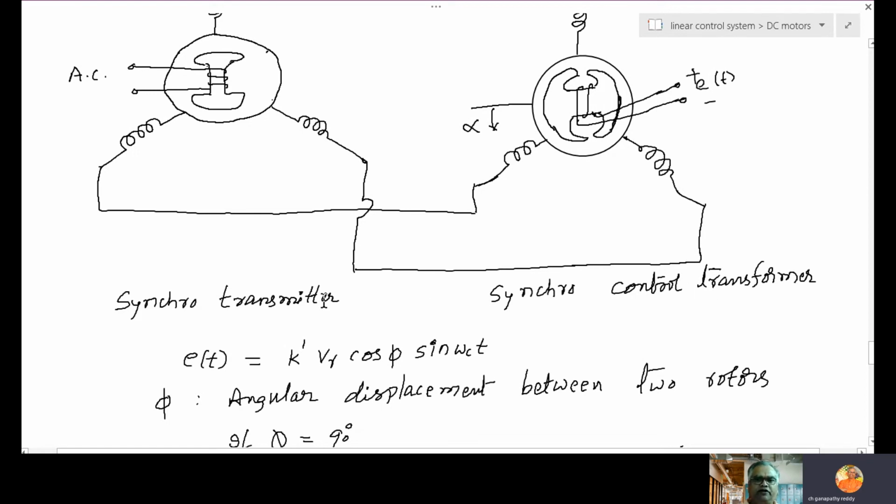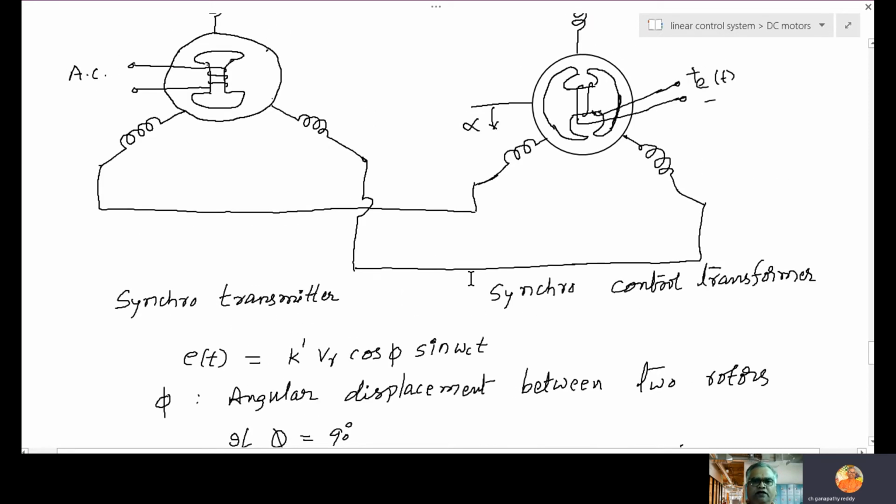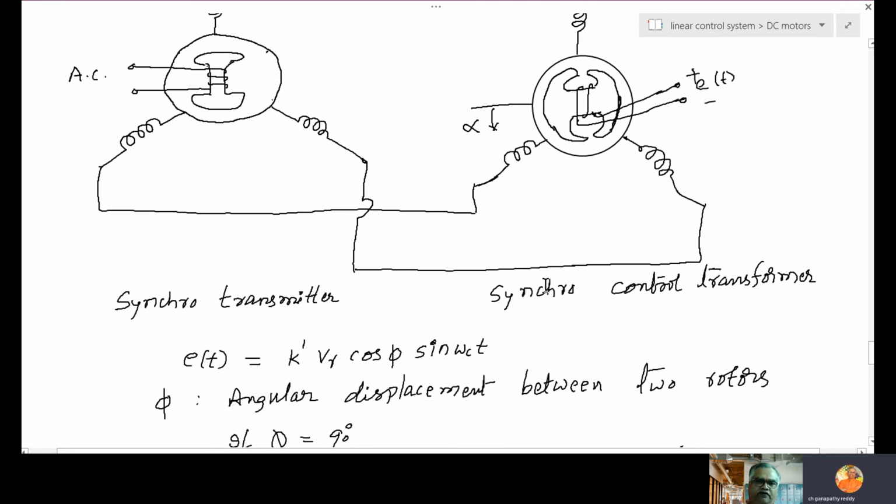What are the differences between these two? This shape is physically visible. Here in the rotor the air gap is uniform. Why should the air gap be uniform? We'll discuss that later. Now, this error signal e(t) is K' V_R cos φ sin(ωct).